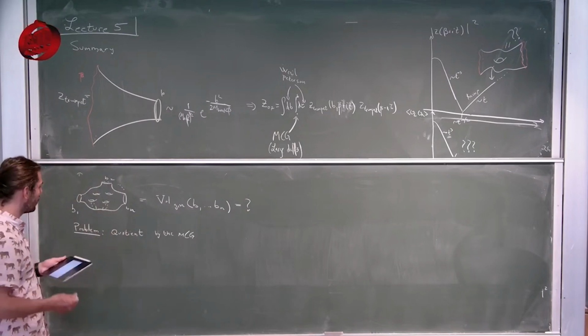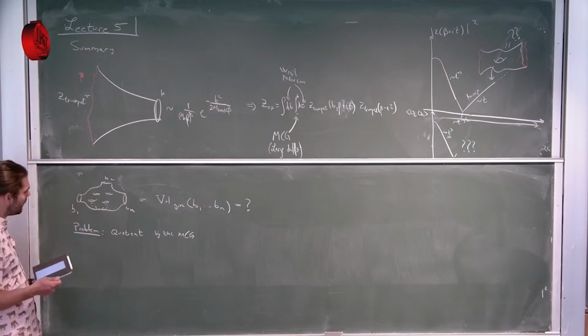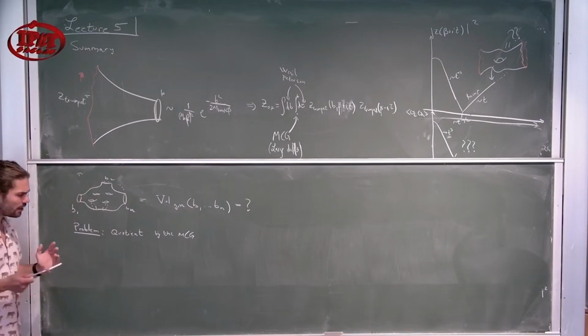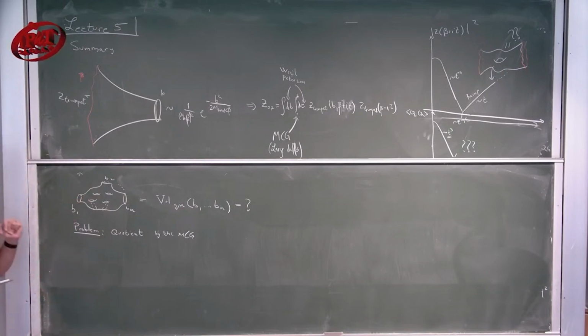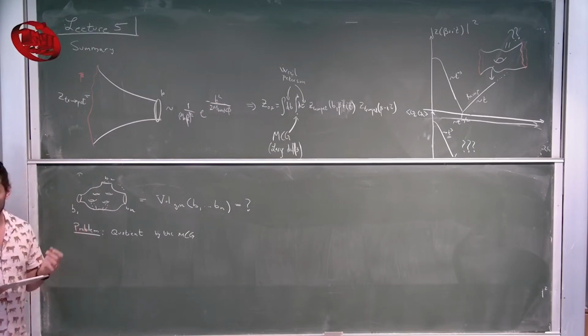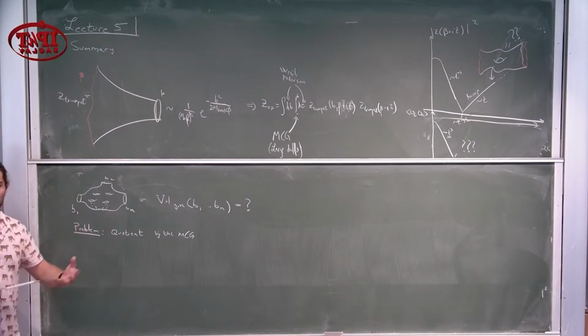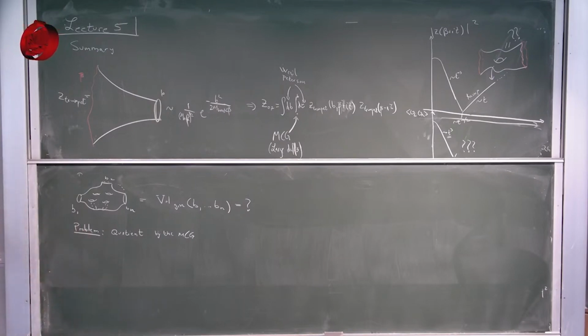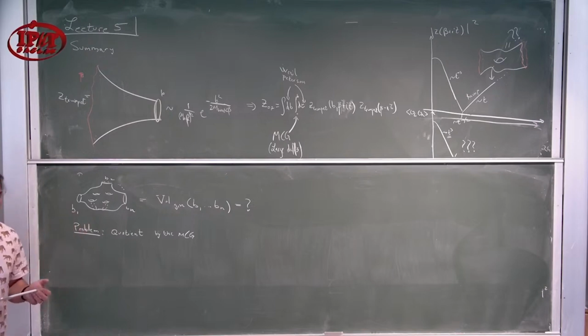This naive approach that we'll take is inspired by how people compute the partition function in 2D gauge theories at arbitrary genus. Let's say you have 2D Yang-Mills, and how people have computed the partition function of 2D Yang-Mills theory at arbitrary genus.